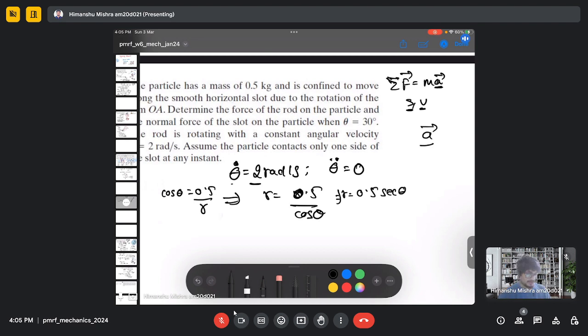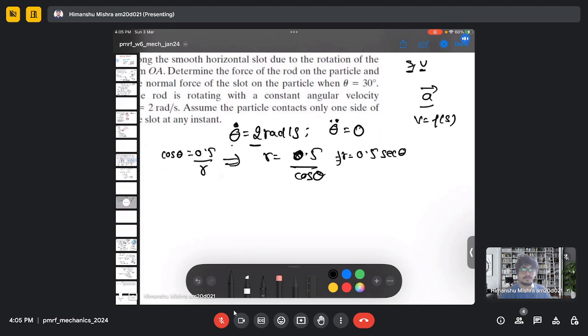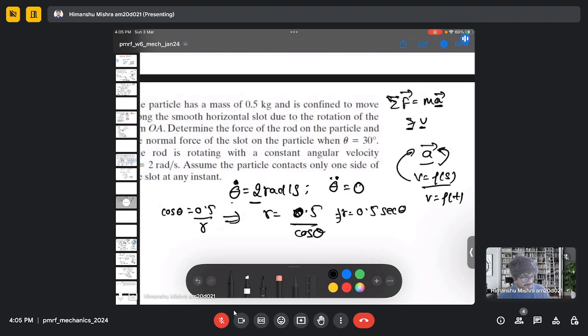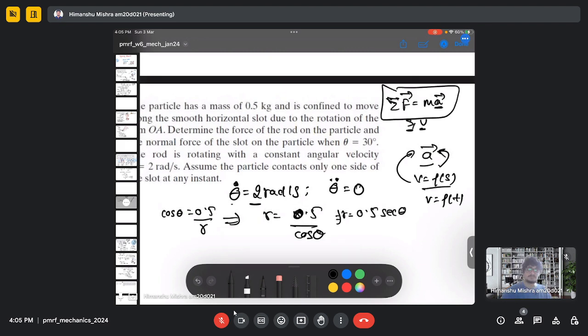So in the previous question we were given the velocity as a function of distance, and we also saw some questions where velocity was given as a function of time. We can integrate or differentiate this expression to calculate the unknown acceleration. And once we get this acceleration, we can use the second law of motion to calculate the unknown force.